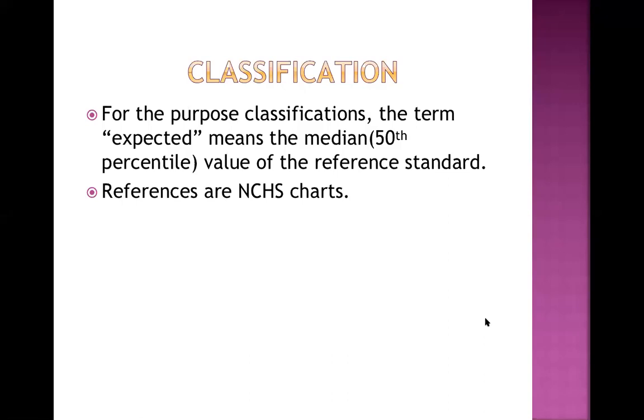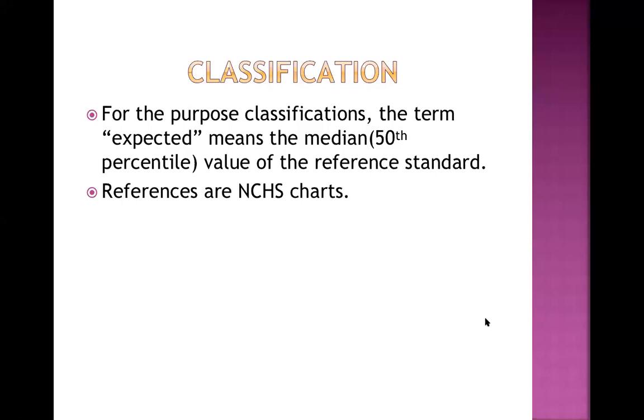Now, all of them do not have the same weight or height. It differs according to the children. All of them are not normal, or all of them are not abnormal also. That's why there is always a range, and this range is provided by the percentile chart.